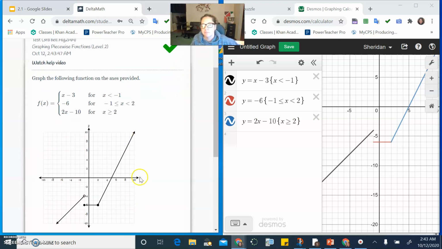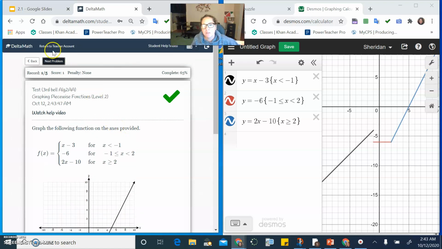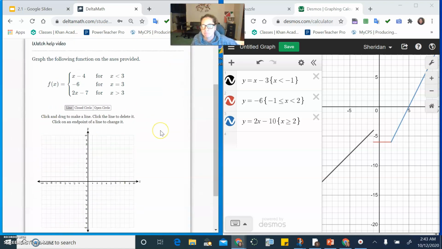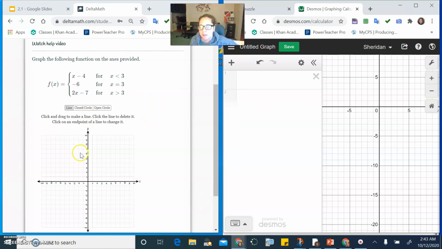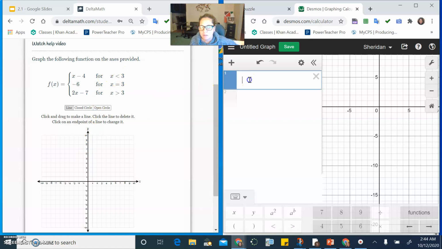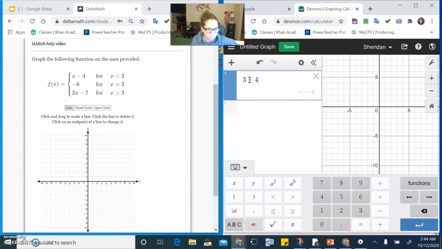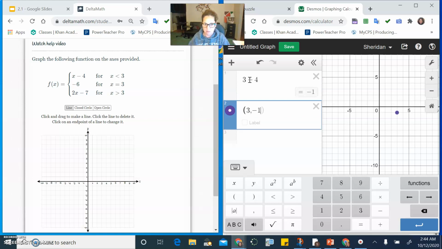All right, so we had 3 parts, but it's still just a piecewise function. Let's do 2 more. So x minus 4 for x less than 3. So what is 3 minus 4? And I know what point I'm starting at. Plugged in 3, I got -1.